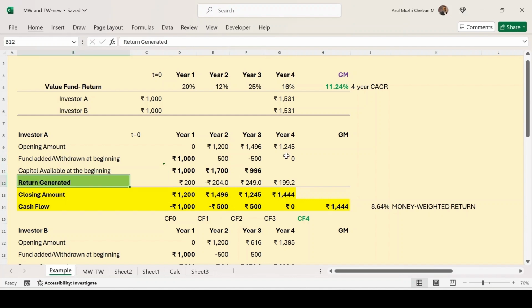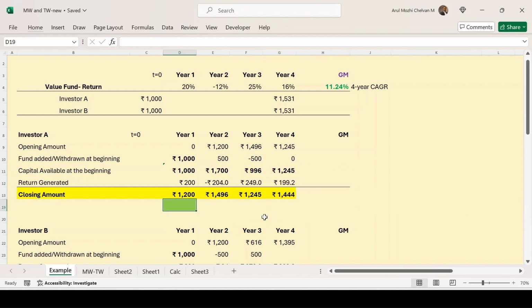The return generated on this 996 is 249 rupees. The total amount will be 1245. In the third year, the total amount will be 1245 because there is no transaction. The fund generated a return of 199. Finally, we get 1444.